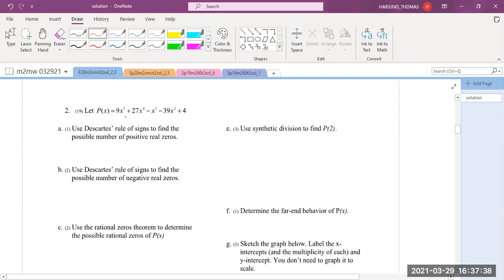So we see it only happens none here, one time here, and another one here. So there are only 2 times, right? So the possible positive real zeros will be either 2 or no positive zeros.